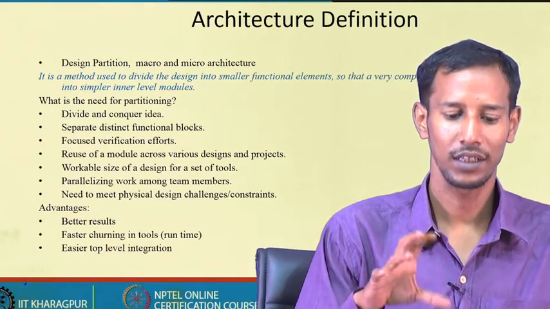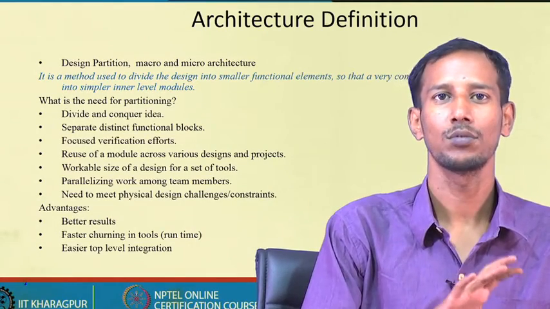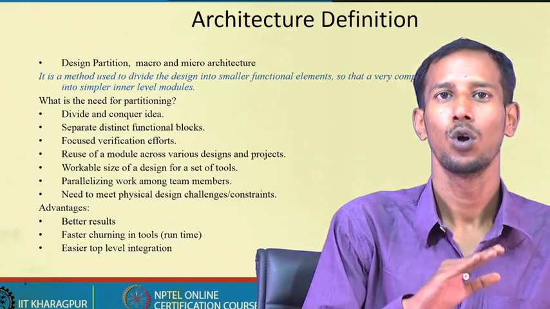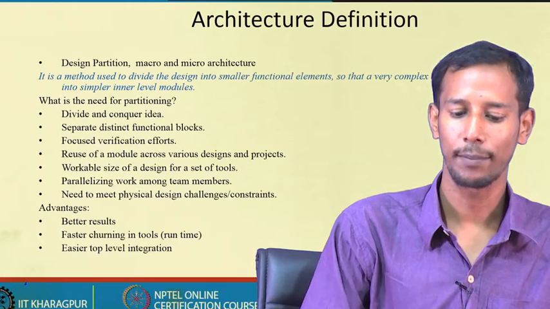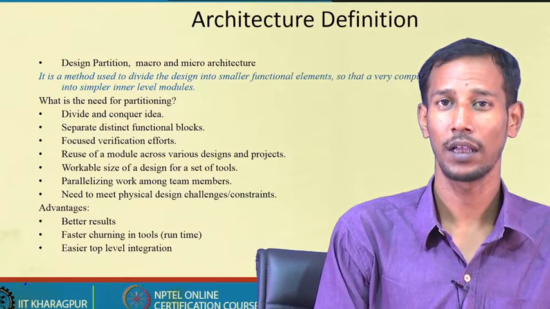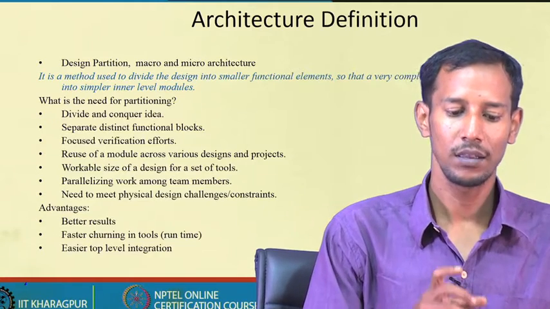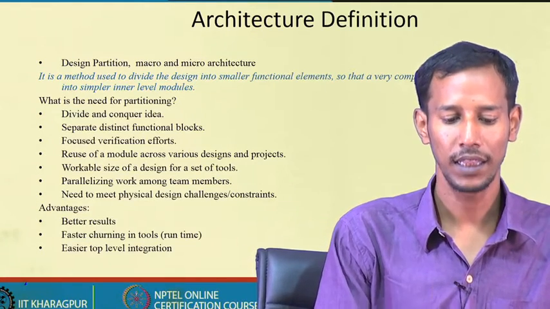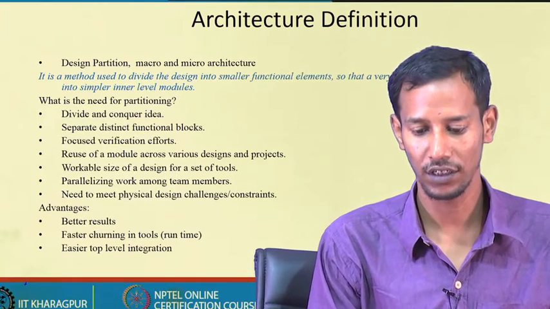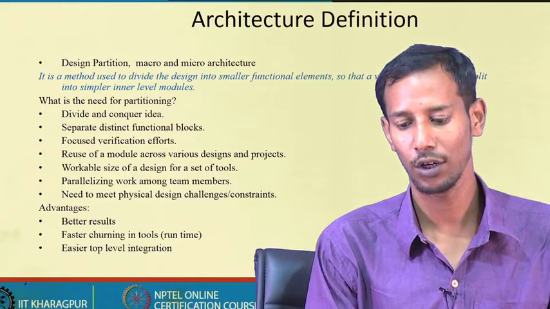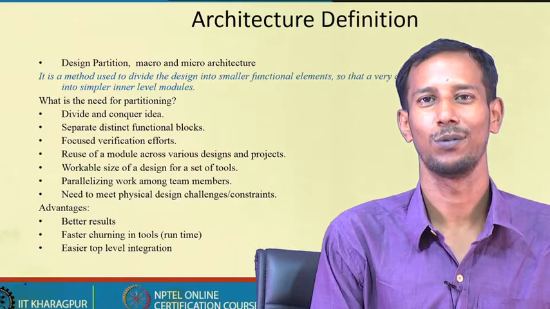At that time, a larger design has to be partitioned into two architectures: one is the macro architecture and another is the micro architecture. So, design partitioning is a method used to divide the design into smaller functional elements, so that a very complex design is split into simpler and inner level modules.